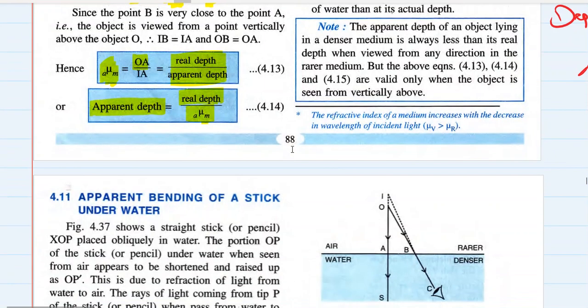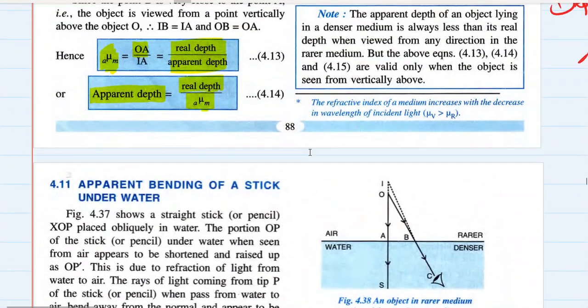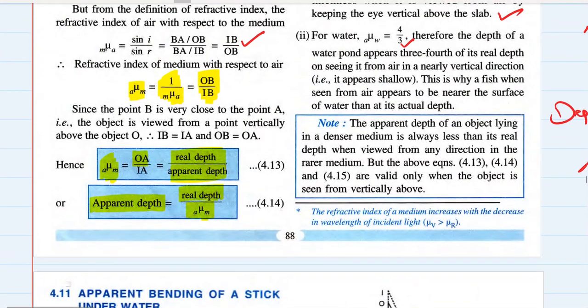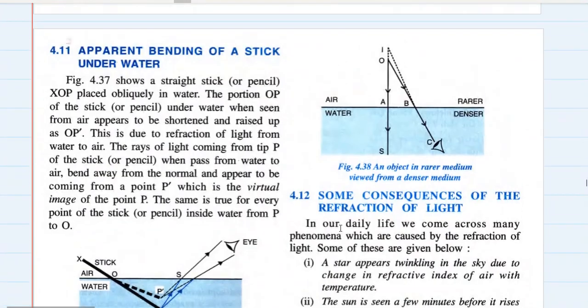Vertically above means you are not looking at the object at a very much slant position. Okay, so that is considered when we have such a simple formula, and when we consider IB is equal to IA and OB is equal to OA, it is to be considered that we are looking at an object from vertically above.